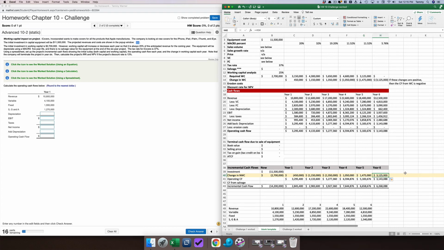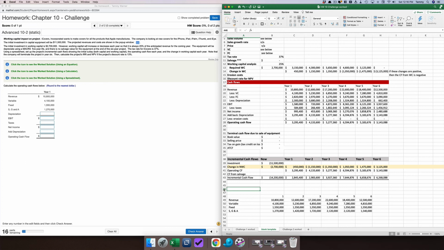We blow through our inventory. Okay. So now let's just make sure that our operating cash flows are working, which they are. And so it looks like we've got it here.